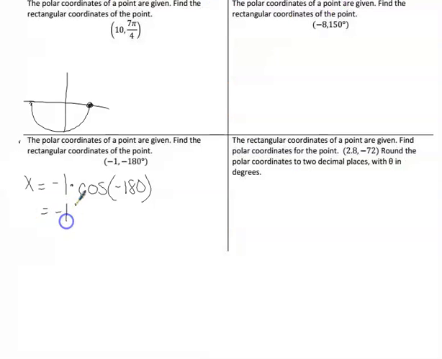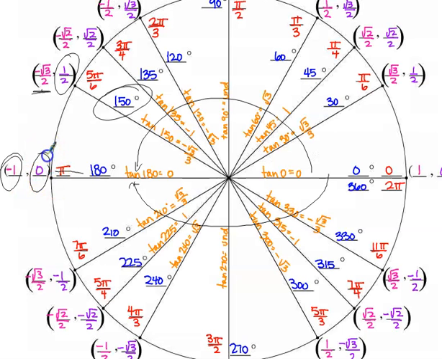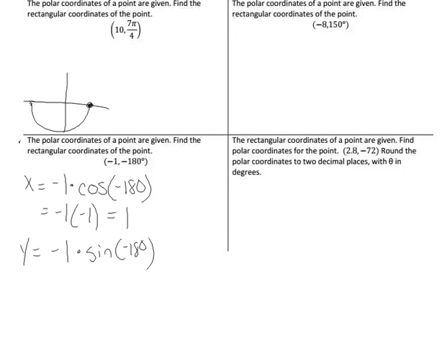So -1 times -1 is 1. Y is r times the sine of -180, and sine of 180 is 0, or -180. So that's -1 times 0, which is 0. And so the ordered pair is (1, 0). And if you look, that would be the ordered pair (1, 0). So it's a good way to check to make sure you're doing it right.